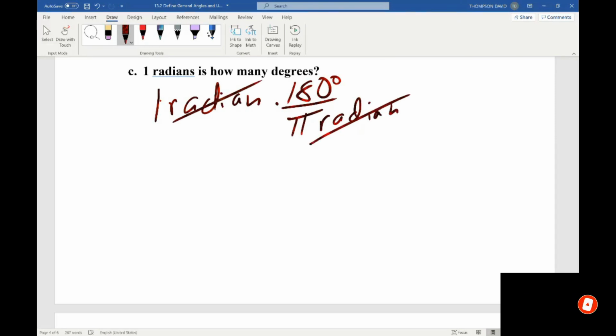So my radian cancels. All we have left to do is 180 divided by pi. It is going to be a decimal since pi is an irrational number. So in the calculator, you do 180 divided by pi, and I get 57 point, we'll round to 2 decimals, 30 degrees, and we're done.